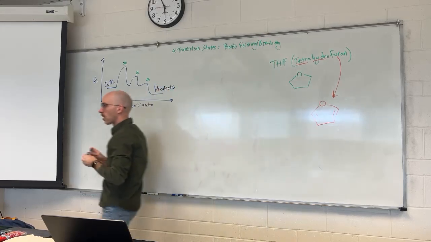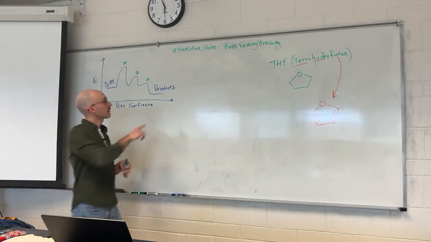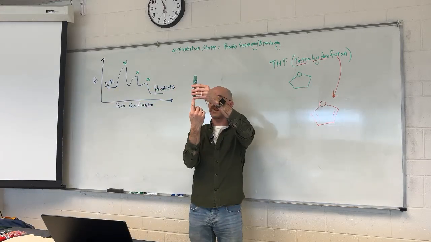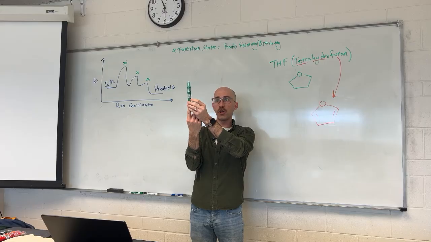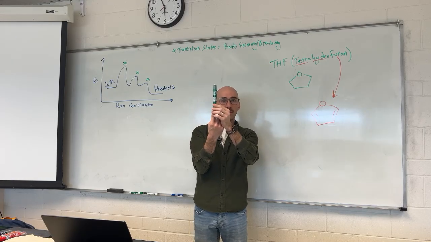This is where bonds are actively forming or breaking. In other words, is a bond breaking at this point? No, it's not. It could be forming. Don't know which way it's going. At these transition states, my pen is not falling forward or backwards. There's no way to know what's happening.